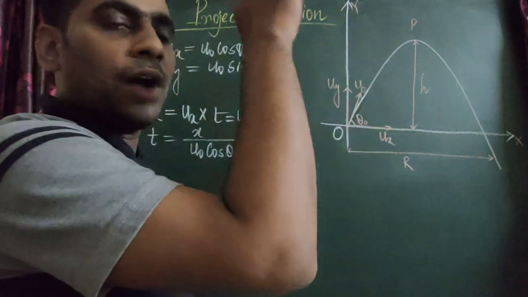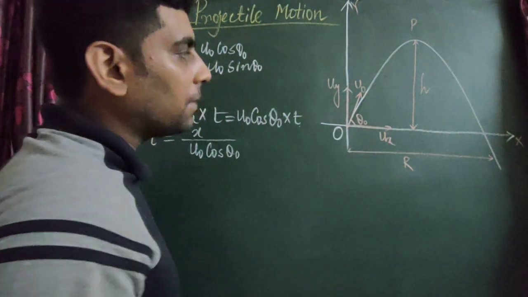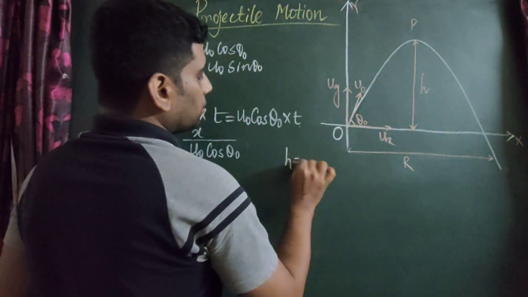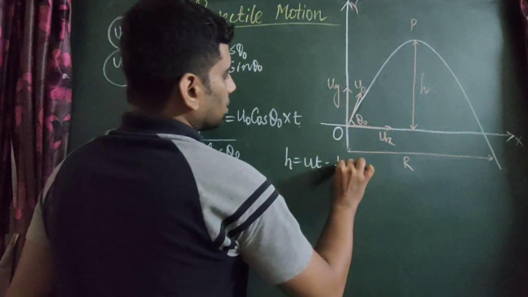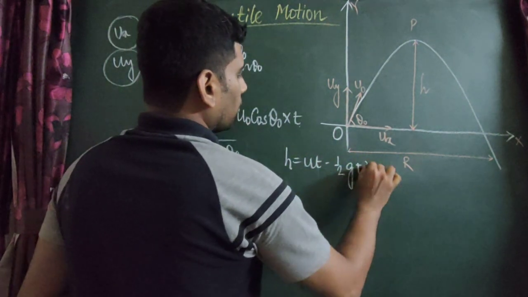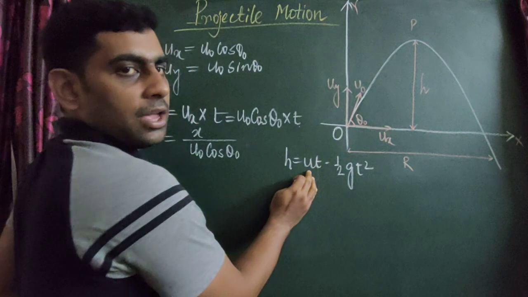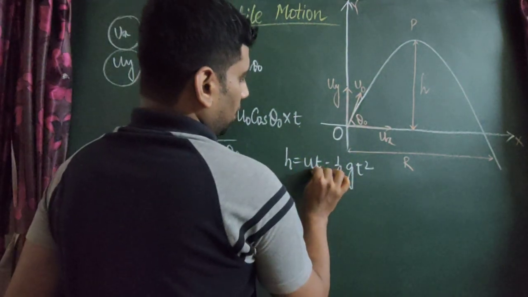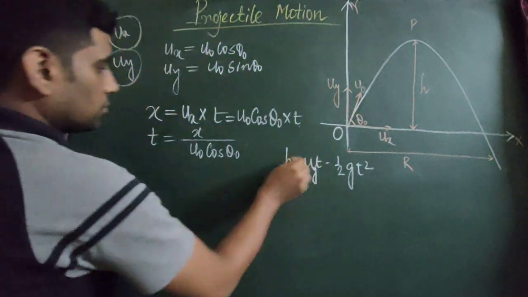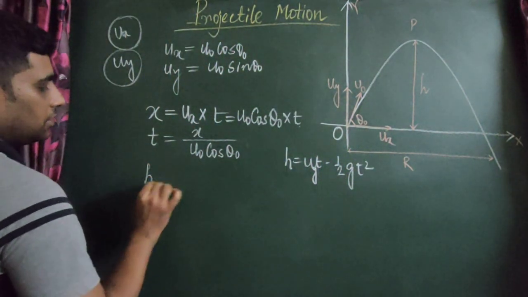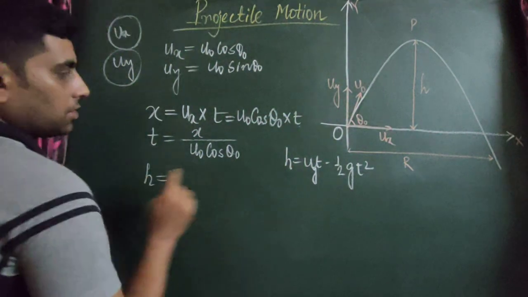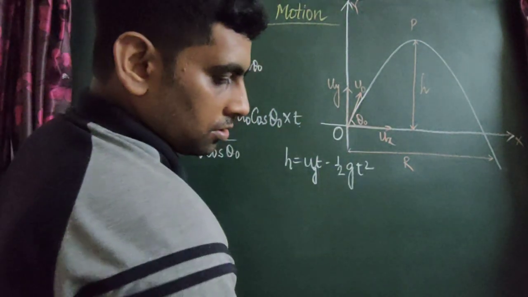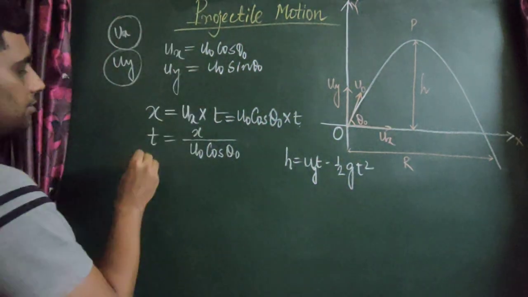Now, what is the vertical height covered by the object in that same time interval t? I will use the equation h equals ut minus half gt square. What will be the value of u here? As I am talking about vertical, I will take uy here, so uy into t. So h, which I call y, is the height it covers vertically.